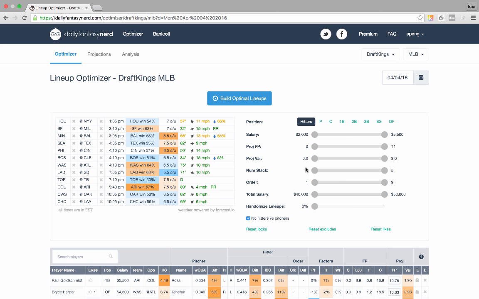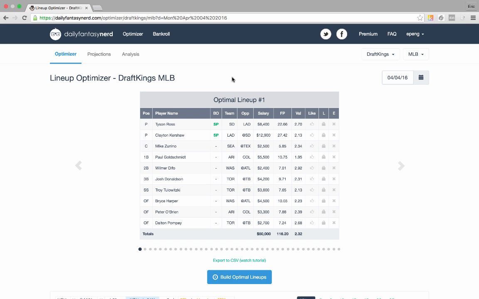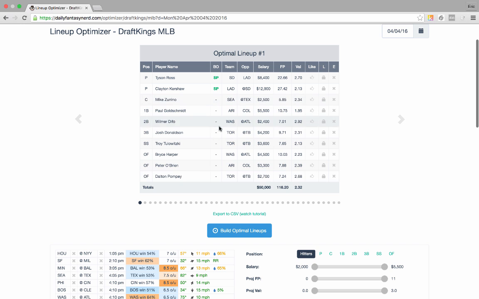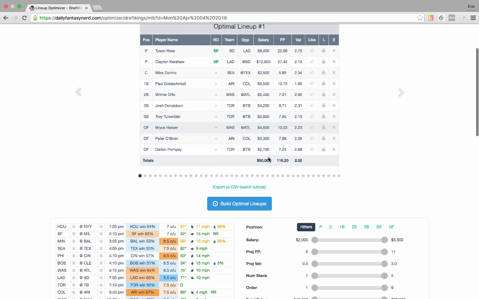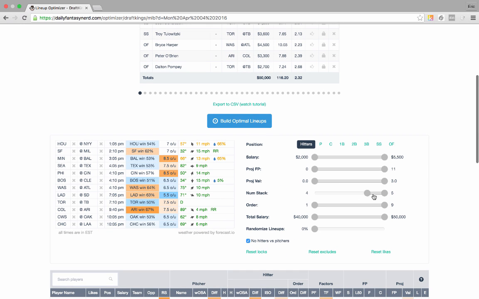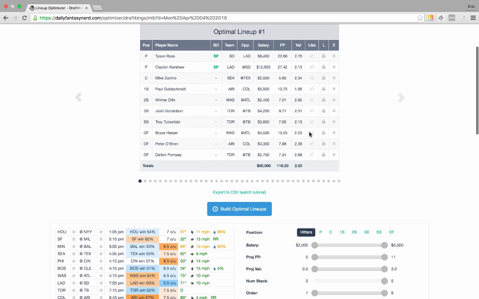I'll start off with no filter set there just to give you an example of how this works. This isn't necessarily the lineup I'm going to go with just because the starting lineup information is not in yet. But you can see here that Toronto has the most hitters currently. So let's say I change this stack to 5. Let's see what happens here.